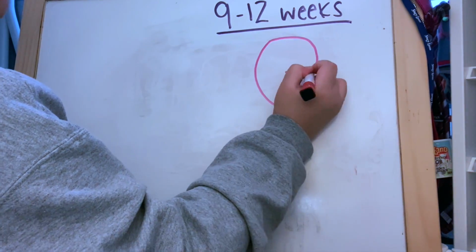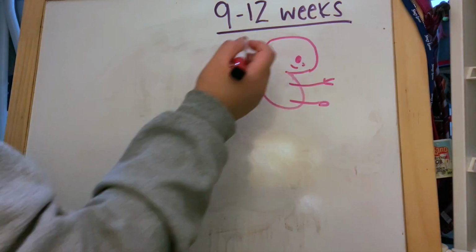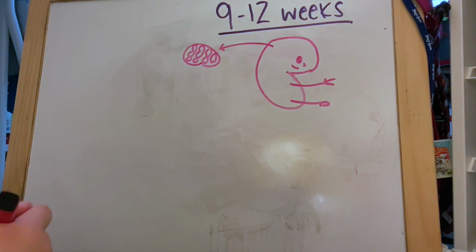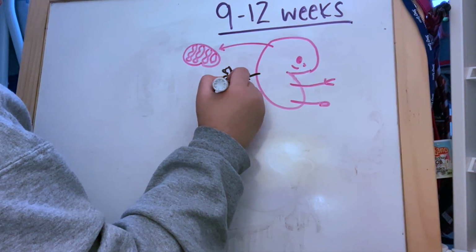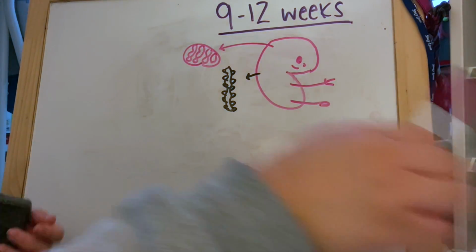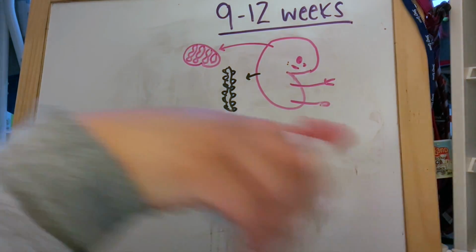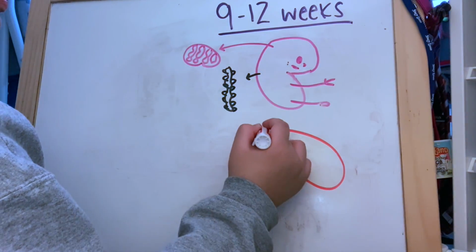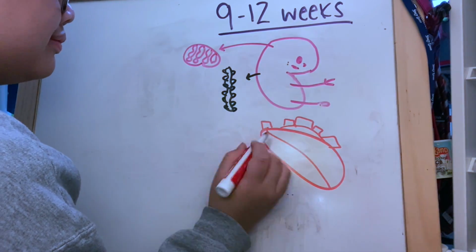So we reach 9 to 12 weeks, or about 3 months into pregnancy, and the head is still big, but the body is starting to compensate and elongate. The brain is growing bigger, and the spinal cord, cervical, and lumbar enlargements are becoming more apparent. The facial features are more present, and the skin, epidermis, and dermis are visible. The heartbeat can be detected now from the outside, and you can start hearing it during ultrasounds.